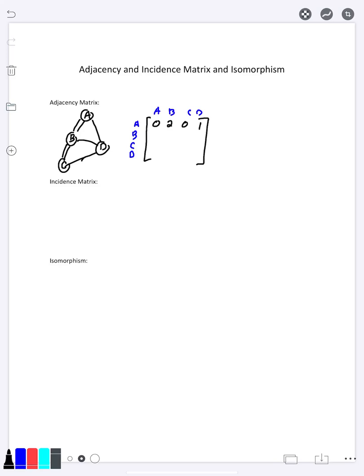Similarly, B is connected to A twice, B is connected to C twice, and to D once. C's got 2 onto B and 1 onto D, and D's got 1 onto A, B, and C. And so you can have numbers other than 1 there when you have more than one edge connecting the same vertices.